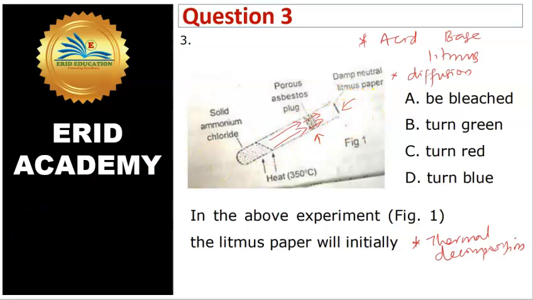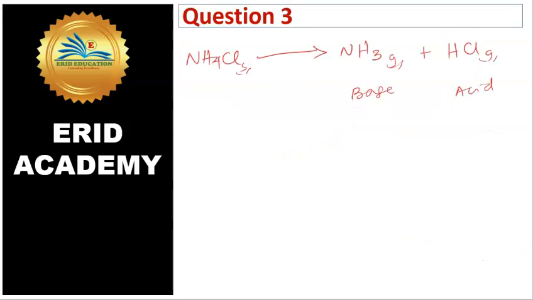You will remember that for gases to become acidic, they have to dissolve in water, and that is why hydrogen chloride gas is known as an acid anhydride. You need to remember that. Acid anhydrides are gases that dissolve in water to form acid, for example SO2, SO3, and carbon dioxide.